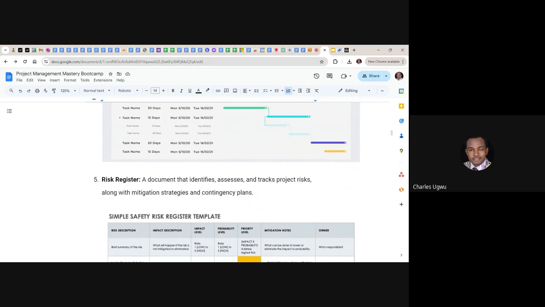As a good project manager, you don't need to wait one month before you start thinking of risk. Risk can come from different angles. You've stated the time you want to do this, you've allocated time, and time is already running, and as time is running, the money is going down. So the risk can be there. And as that's happening, you start having team members working with you at this time.